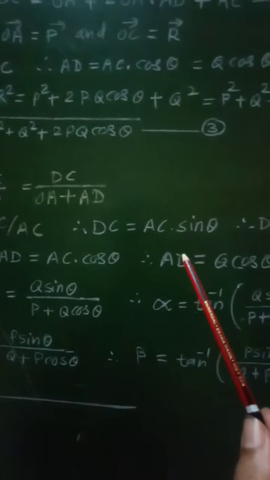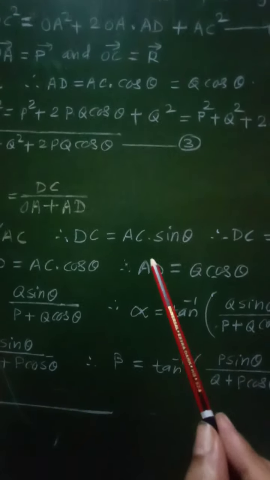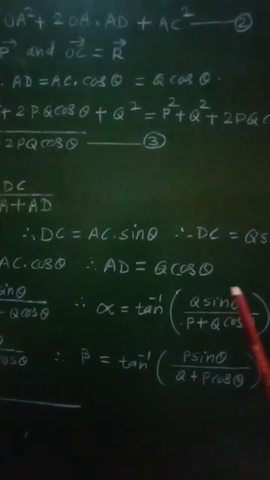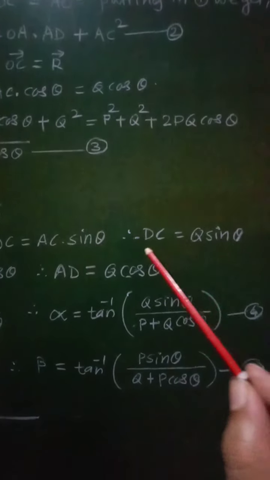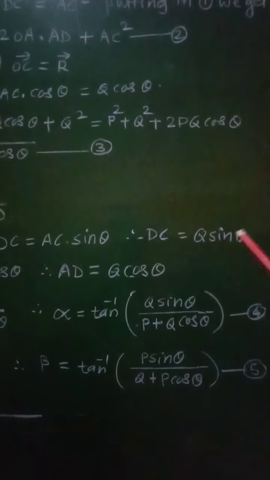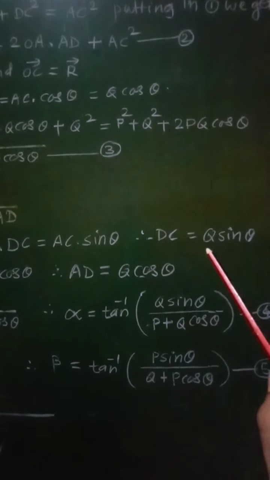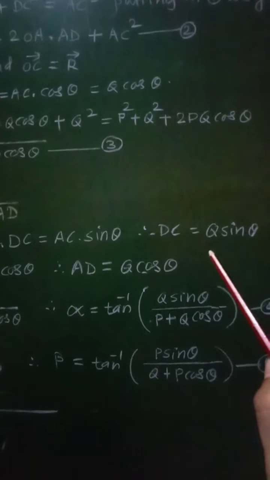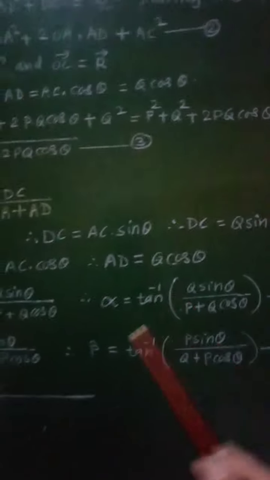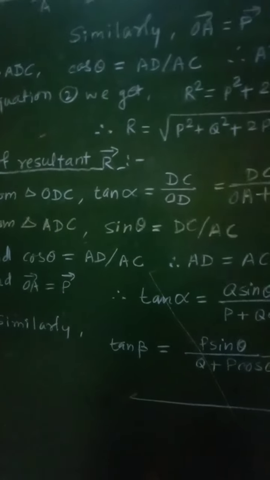But what is AC? AC is equal to Q, and therefore DC will be equal to Q sin theta.